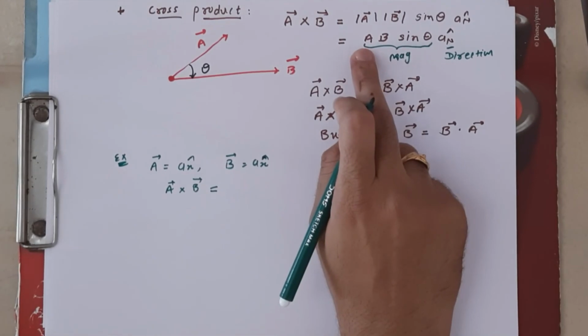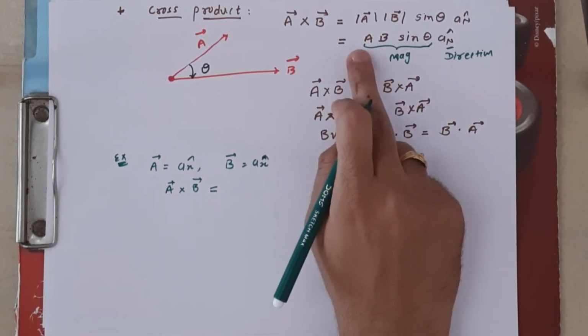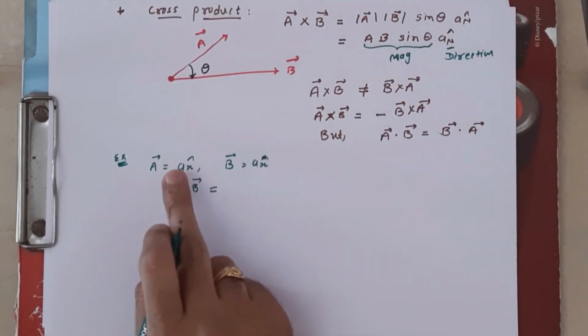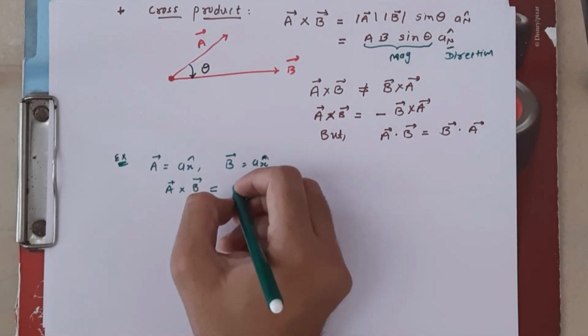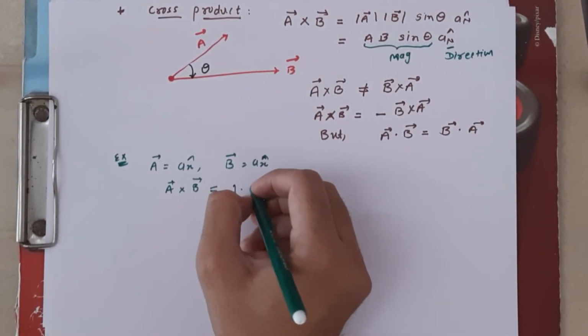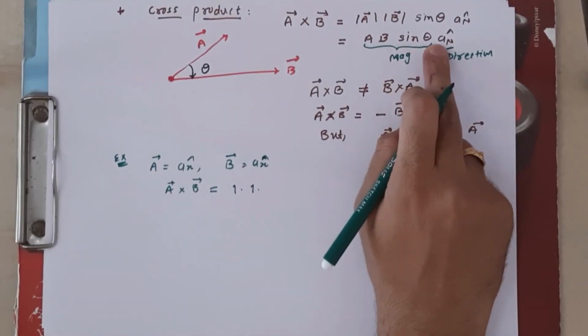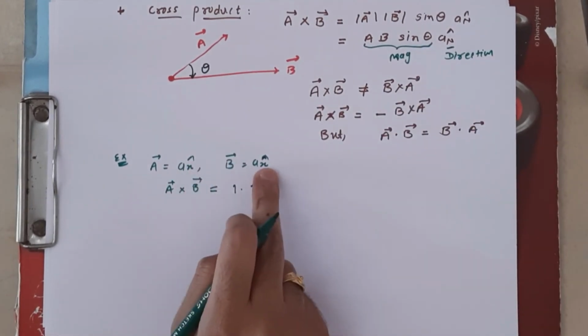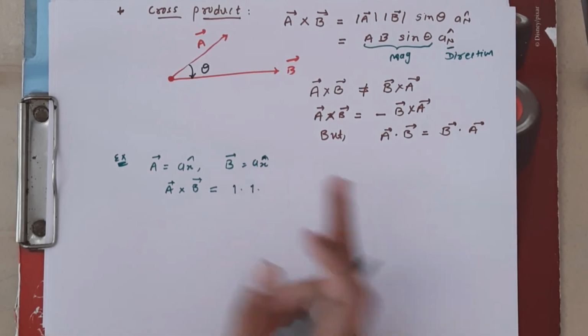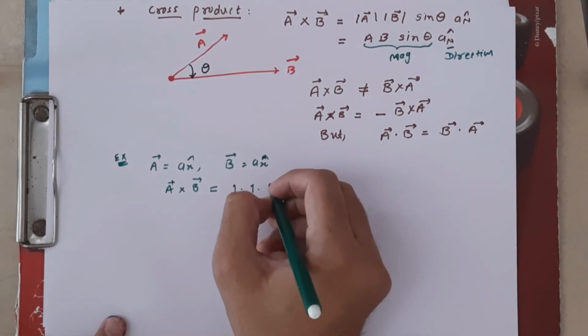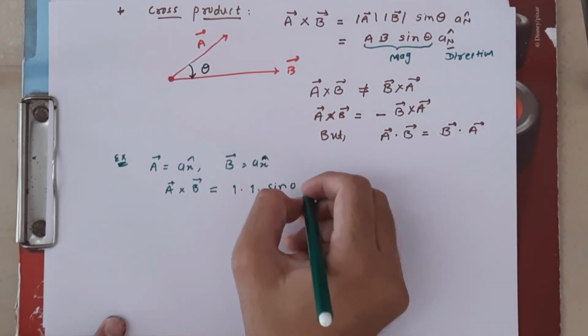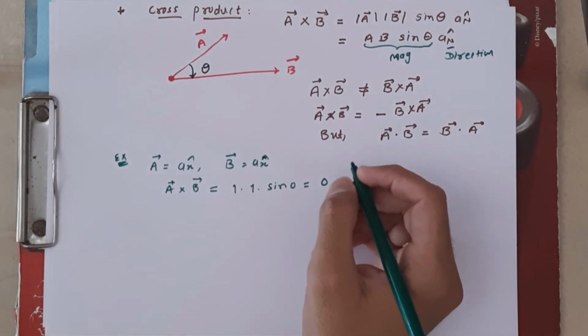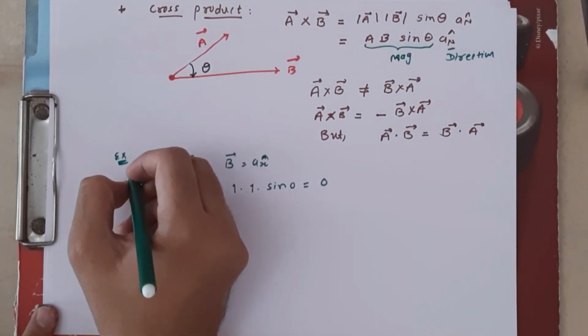A cross B is equal to AB sin theta. A is the magnitude, B is the magnitude. The magnitude of A is 1, the magnitude of B is 1. Theta means the angle between A and B. A is in the x direction, B is also in the x direction. Both are parallel, so the angle is 0, and sin 0 is 0. So the answer is 0.